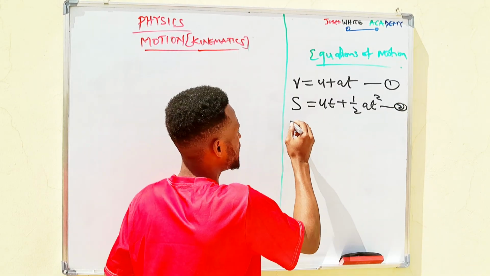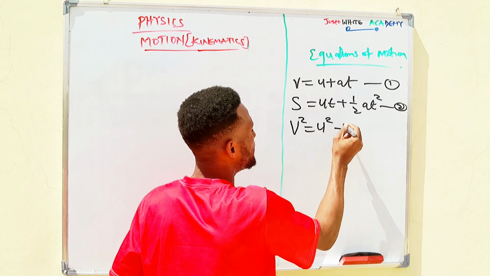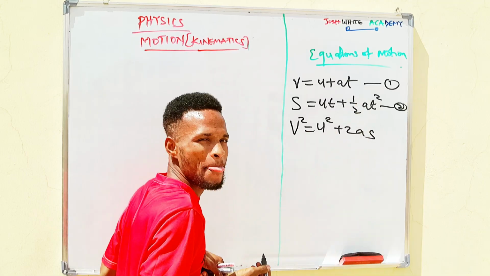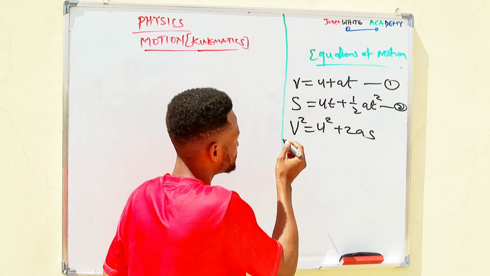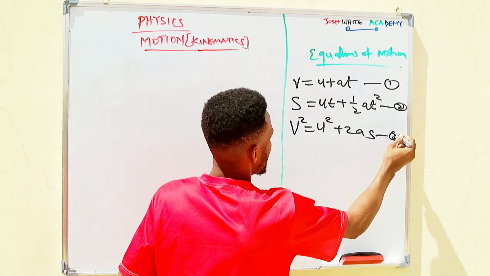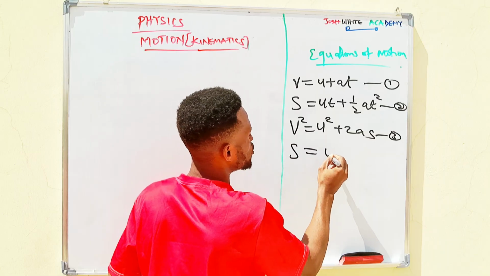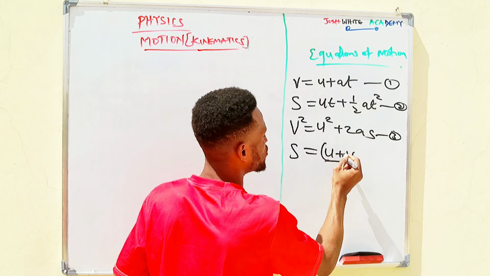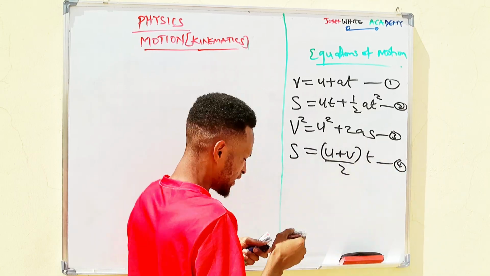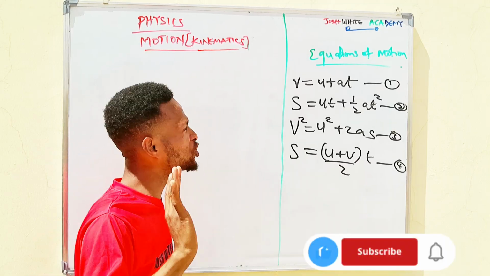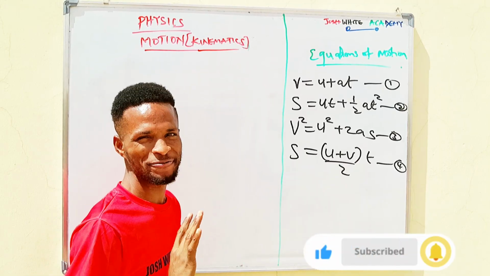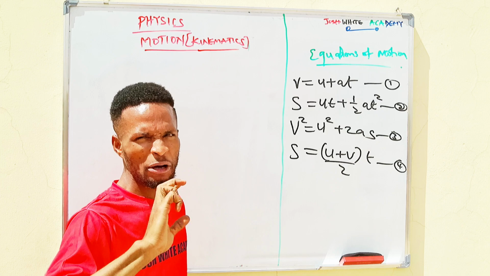The third one is V² = U² + 2AS. And fourthly, S = (U + V)/2 × T. So these are the 4 equations of motion you need to crush physics motion.